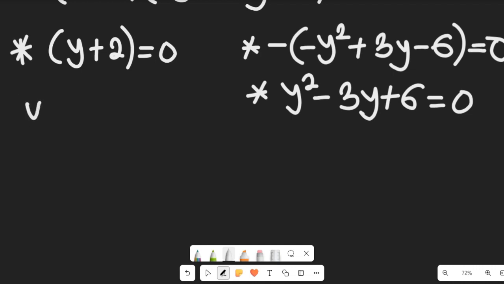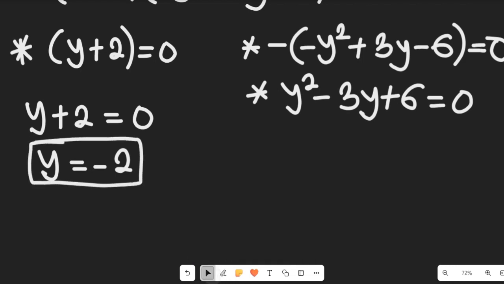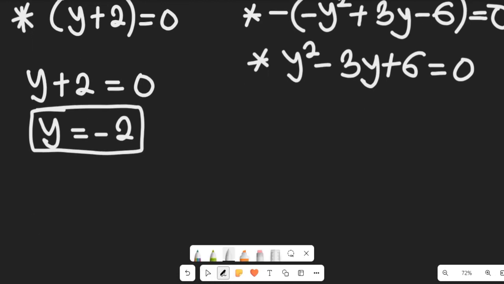So from here, we'll see that y plus 2 is equal to 0. So the value of y will be equal to negative 2. And that is the first solution to this expression. Now let's consider this second expression. Considering this second expression, we're going to look for two values we can multiply that will give us 6.